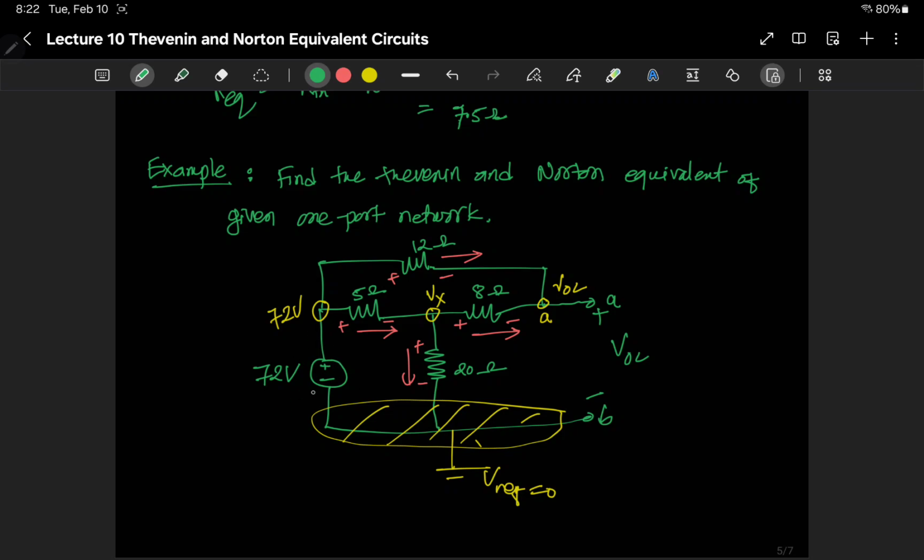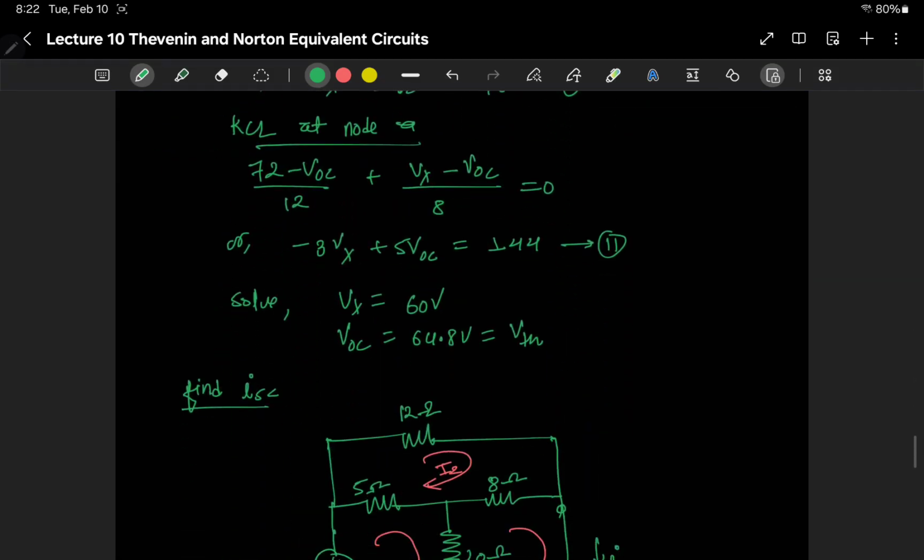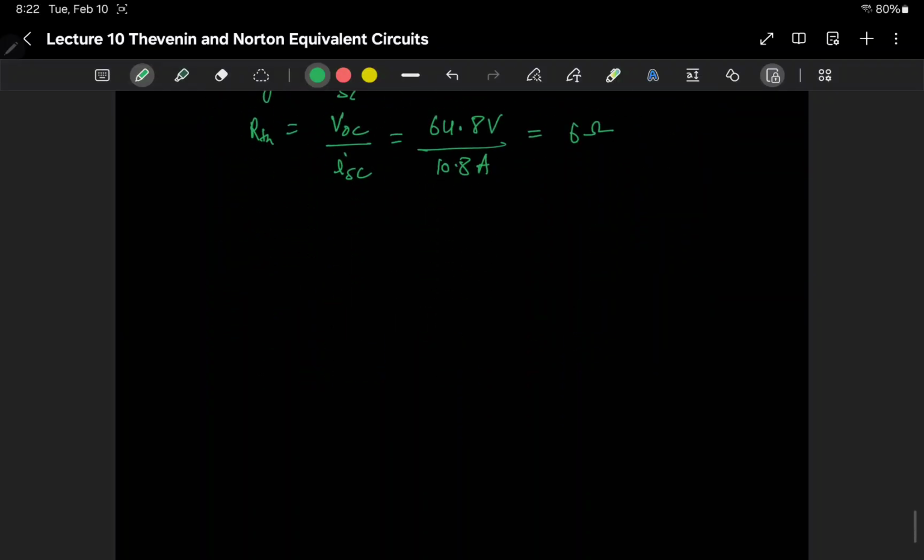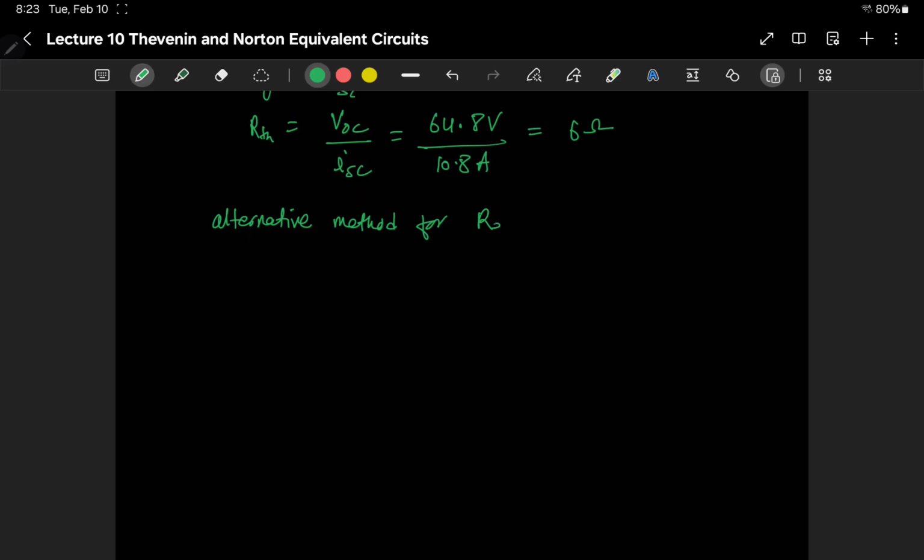So we'll redraw this as having a short circuit, and we will be looking from this side to calculate the R equivalent. So let me redraw it. Alternative method: R equivalent is equal to RTH.